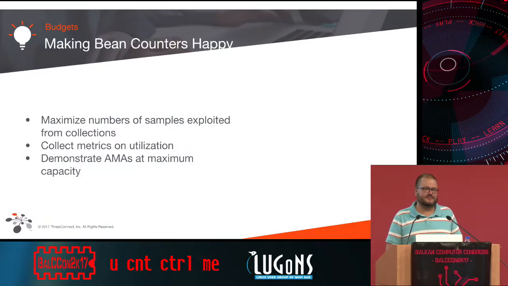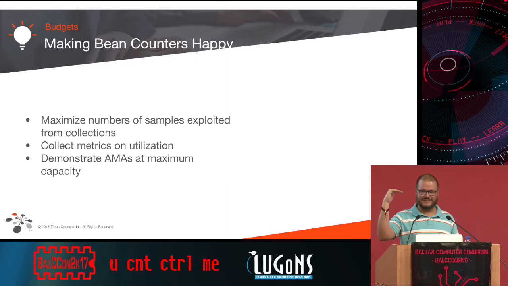Another thing is that when you have your entire process nice and efficient, you can make your bean counters, the people that make your budget, happy. If you maintain this process and take metrics on your entire process, you can demonstrate that you're using your resources at their maximum level.